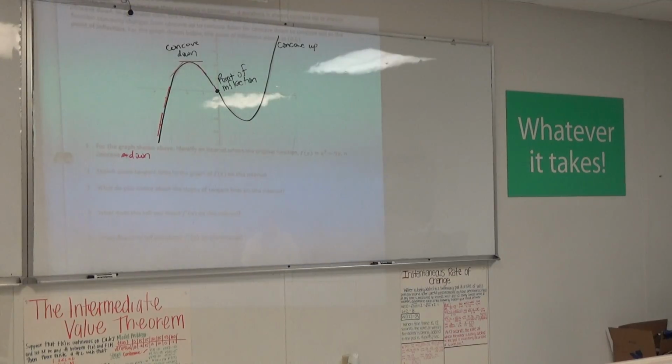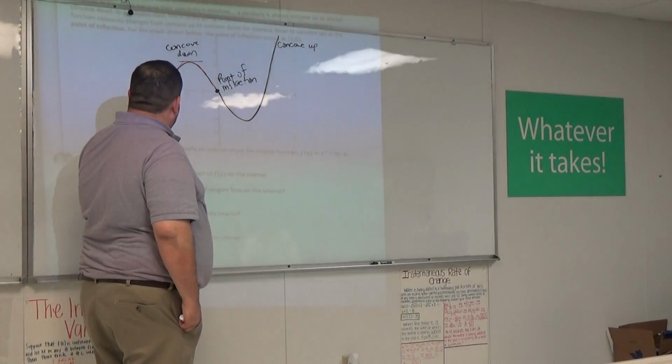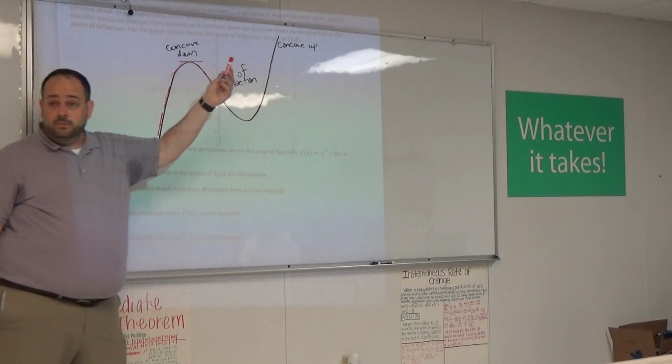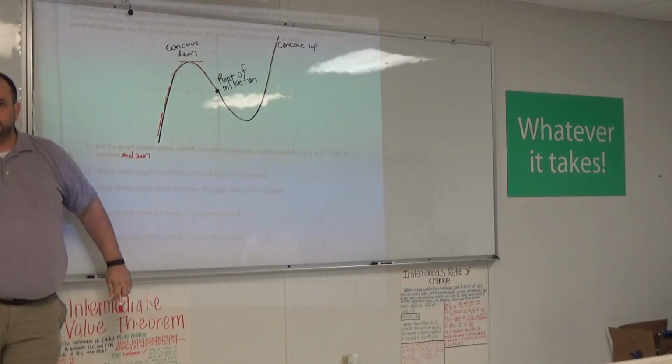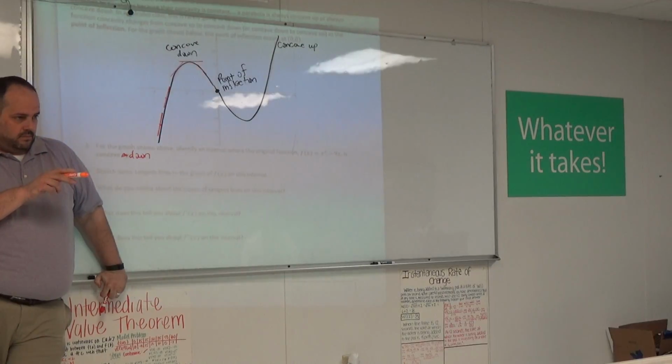Aaron, what do you notice? Well, it's changing from positive to negative slope. So you're saying that the slopes of the tangent lines are changing from positive to 0 to negative? Is that true? Anything else that we're noticing? They're changing from positive to 0 to negative. Anything else?